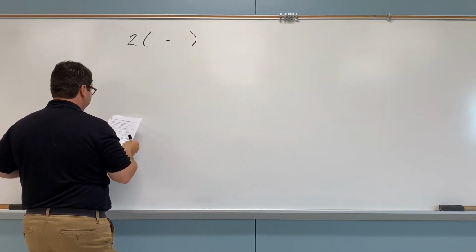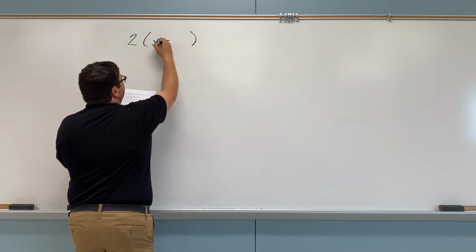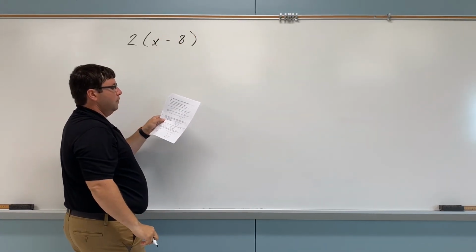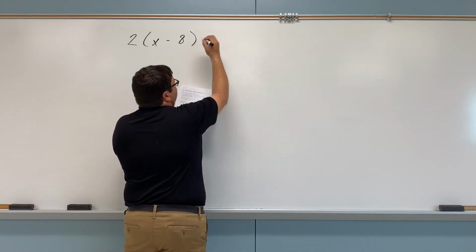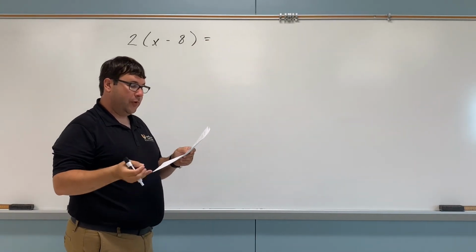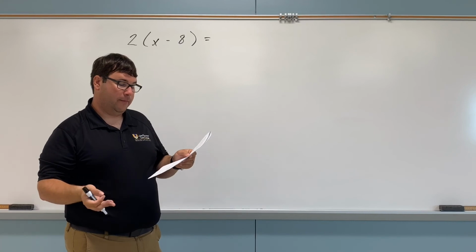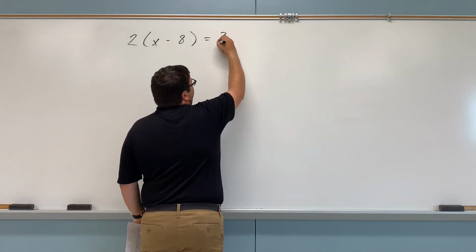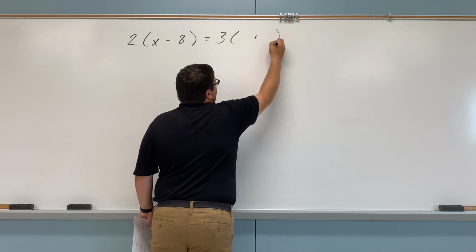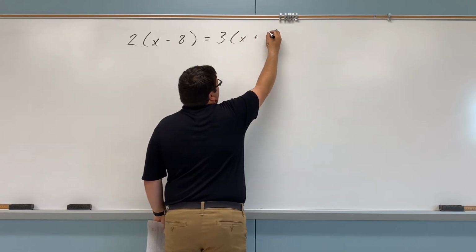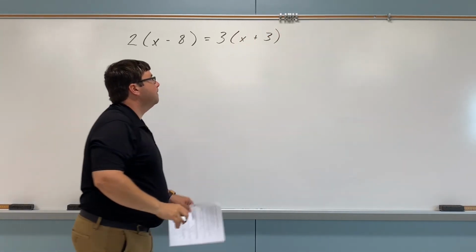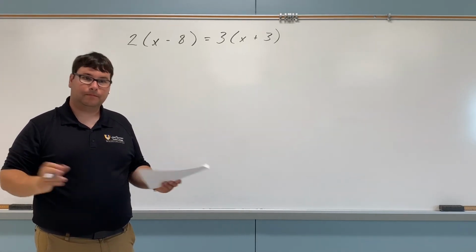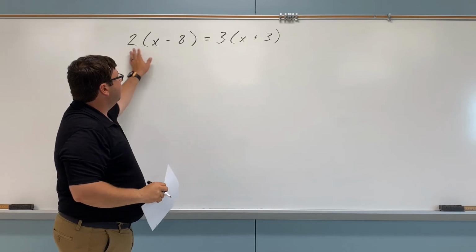So twice the difference of a number and 8 is equal to 3 times the sum of the number and 3. Find the number. Okay, so we've read through our problem a couple times.